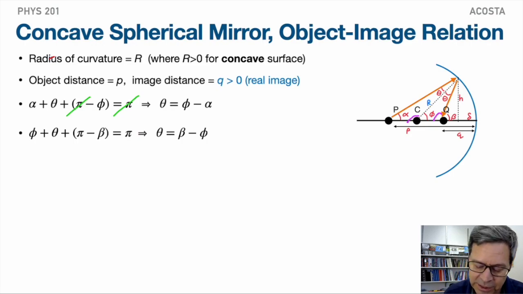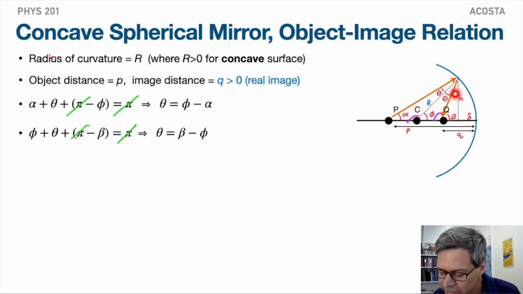So again, we can cancel off pi on both sides. And then we can solve for theta by moving beta to the other side. We can add beta to both sides and subtract phi. And so I get this relationship here, that theta is beta minus phi. That's coming from the second triangle, whereas the first relation comes from the triangle just outside of it.